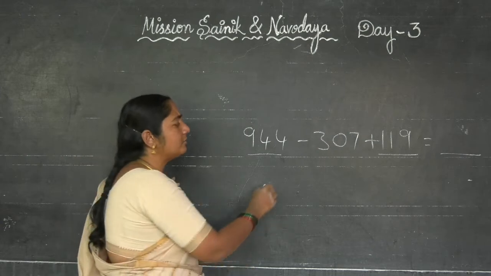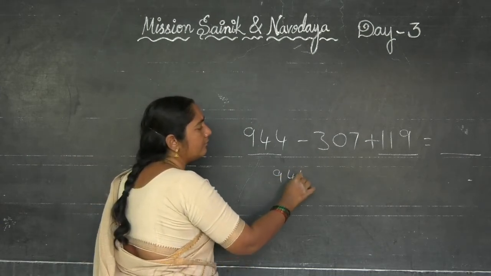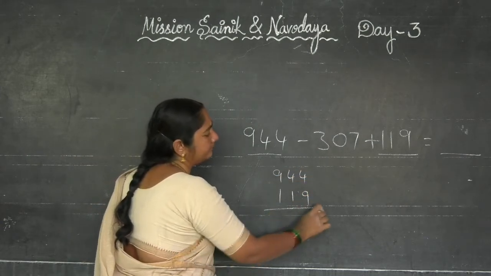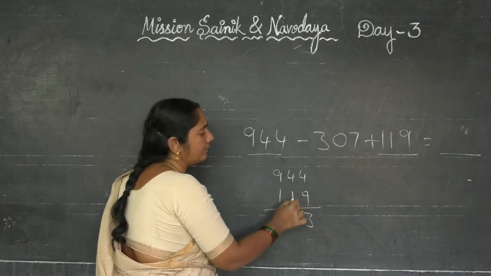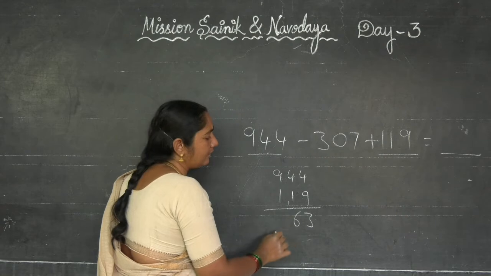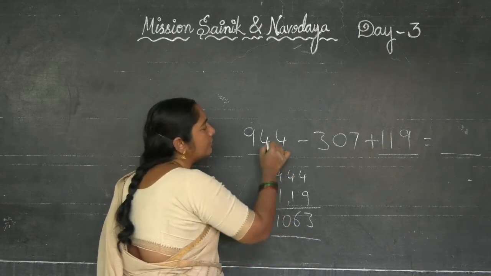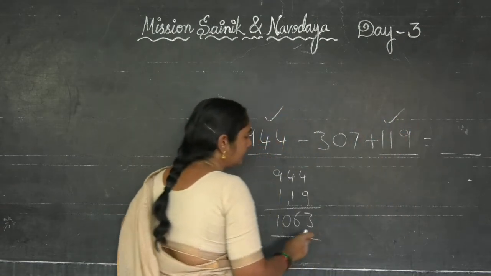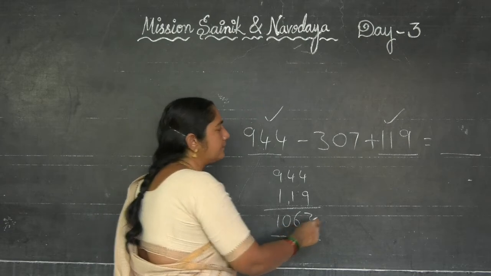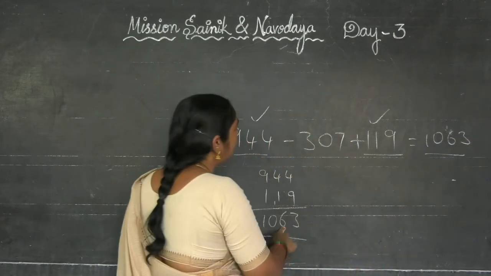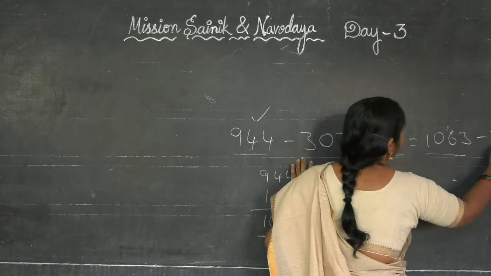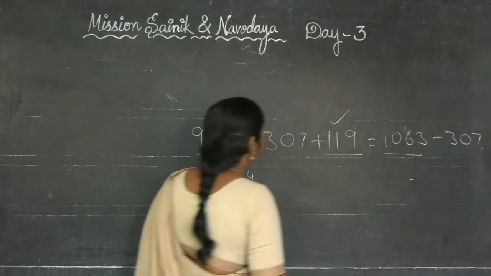Adding 944 and 119 gives 1063. So now we have 1063 minus 307.